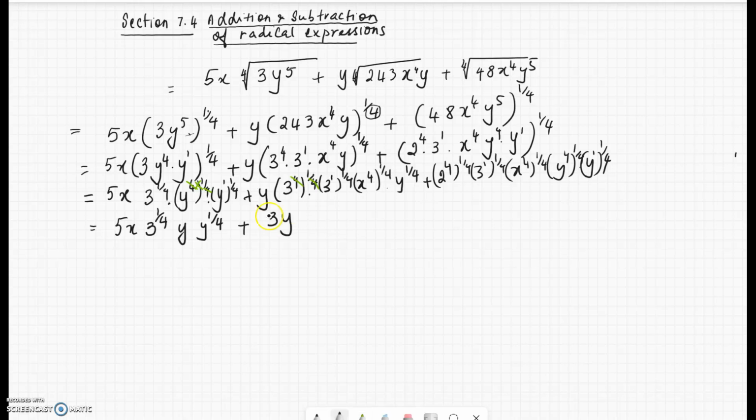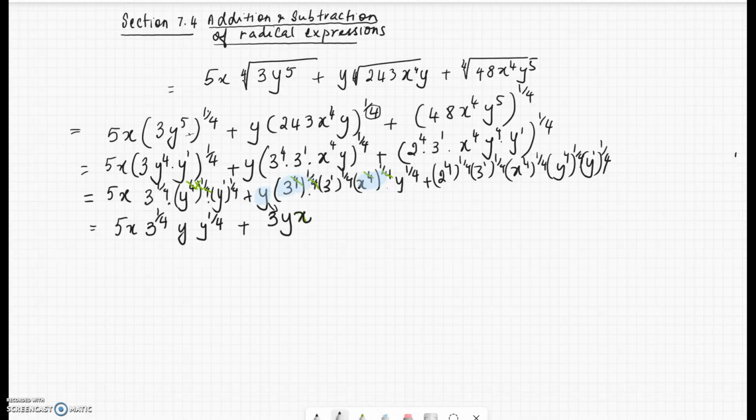I write down the y from here. And then I have another term where the 4 and the 4 cancel. So that's an x. I'm going to write down the x with the y because it doesn't have an exponent of 1/4. So basically I've taken care of this term, and this term.